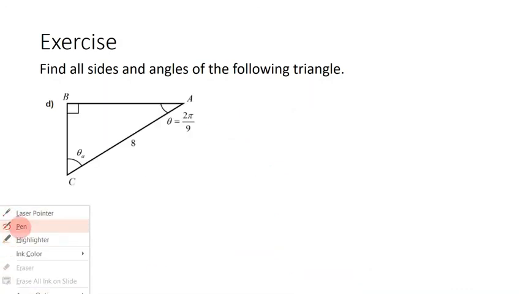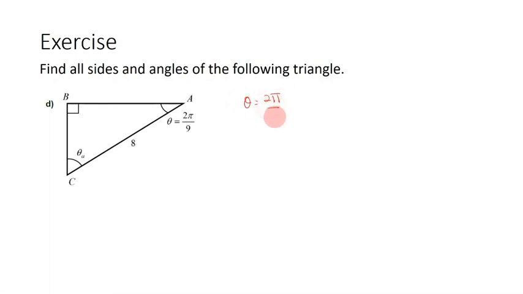For the final exercise, let's say we have this information given. To look at this angle, we need to change it to degree because we want to know the angle in degree. So theta equal to 2 pi over 9, and we know that pi is equal to 180 and the total revolution equal to 360 over 9.